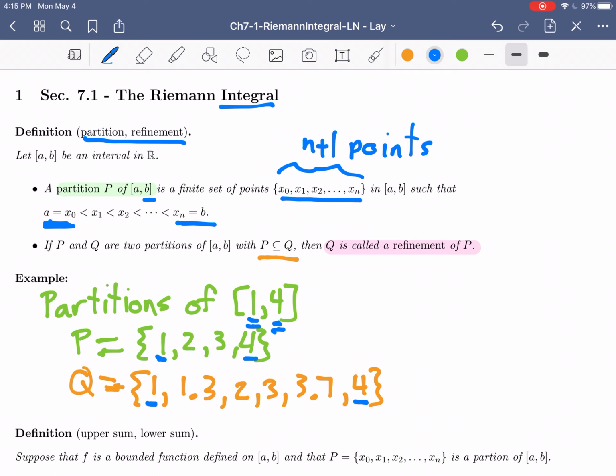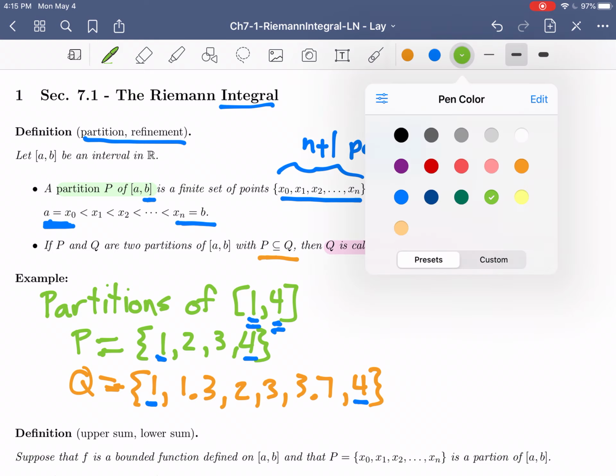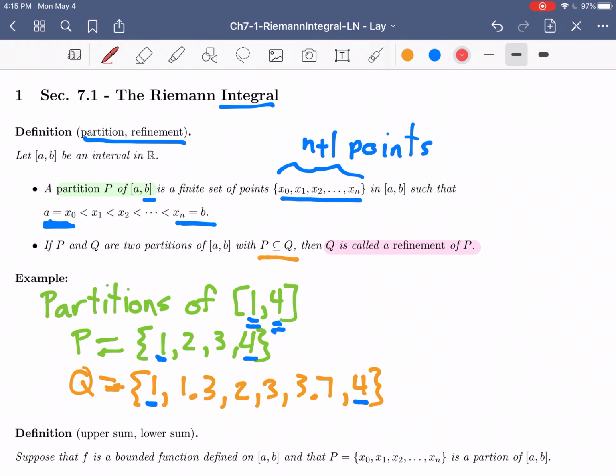And also notice that P is fully contained in Q. Everything in P is an element of Q. All right, so 1 is there, 2 is there, and 3 is there, and 4 is there.